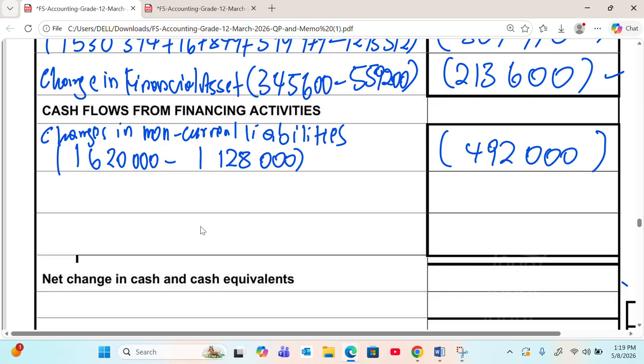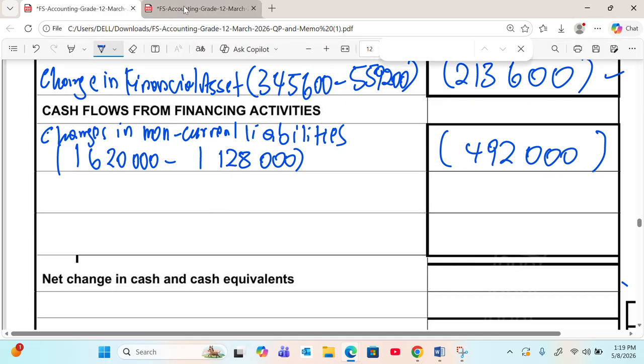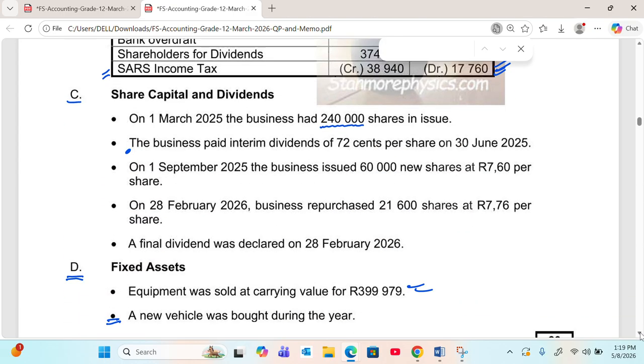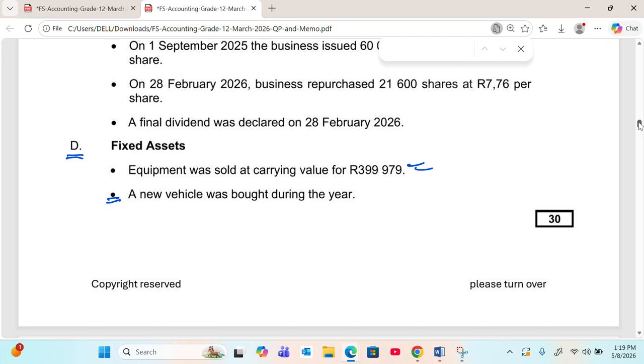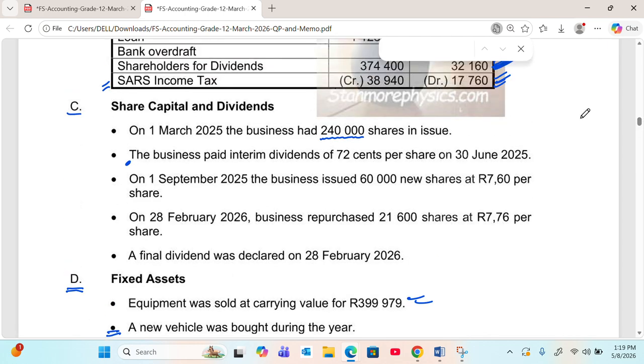Okay, so we need to check now the information that speaks about shares. Share capital. The first information, guys, already dealt with that information. The second information already dealt with that information. The third point, on 1st September 2025, what transpired? The business issued 60,000 new shares at 7.60 per share. We have issued new shares. We've sold shares.